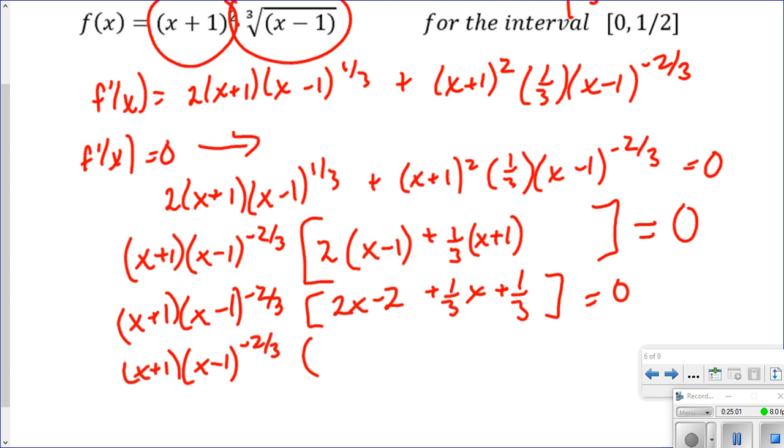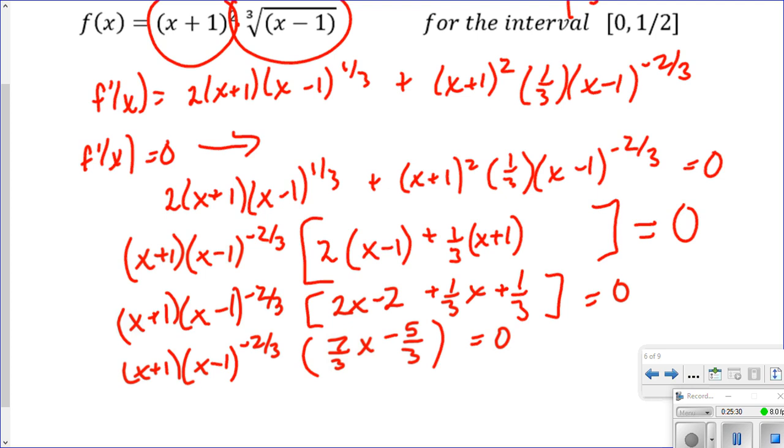I've got 2x plus 1/3 x, so 2x is like 6x over 3. So 6x over 3 plus 1 over 3 is 7 over 3 x, and then a minus 2 plus 1/3, that's a little bit harder. Minus 2 is like negative 6 over 3, plus 1/3, I'd have a negative 5 over 3 equals 0.